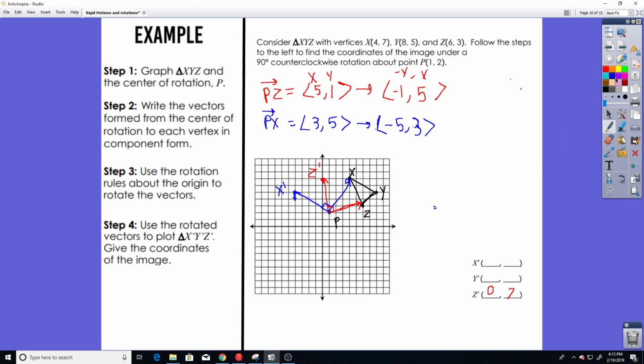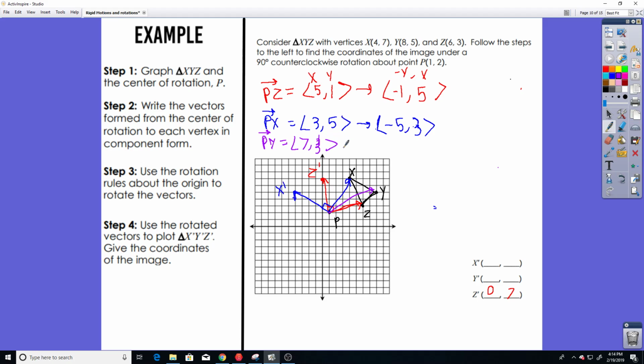All right, last point. Now we have to do PY. Well, how did I get over there? I went over 7, and went up 3. So the vector PY in component form would be (7, 3).